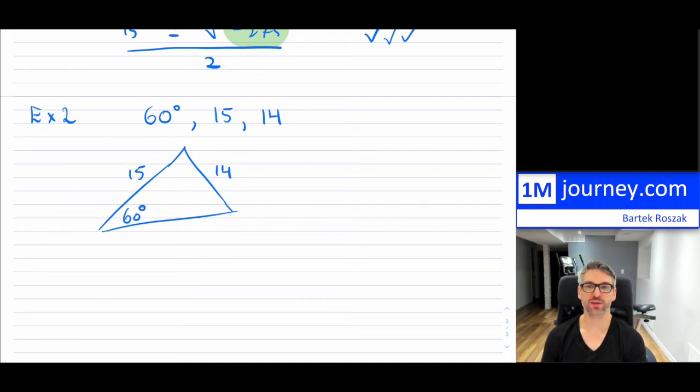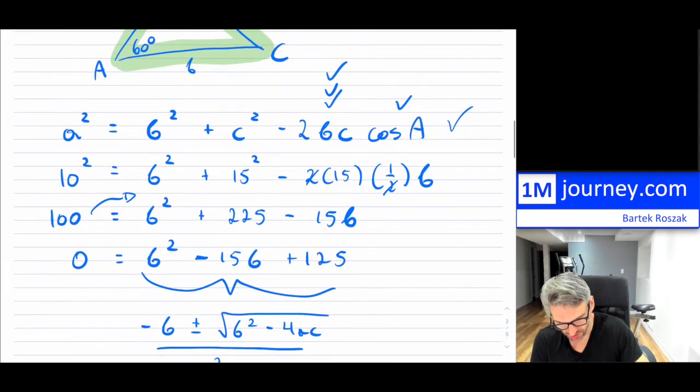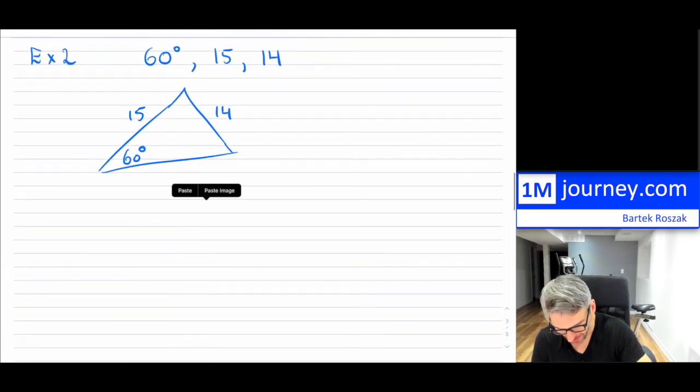So if I'm going to substitute this back into the cosine law, what will this give me? So again, as I'm substituting it in, it's kind of coming back from here. Copy this down, paste it.